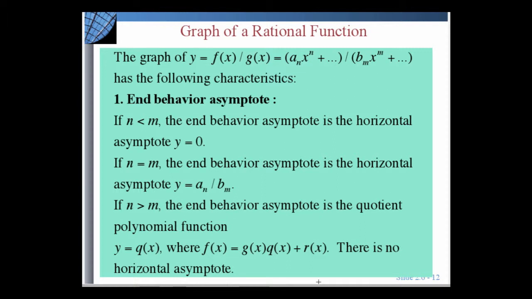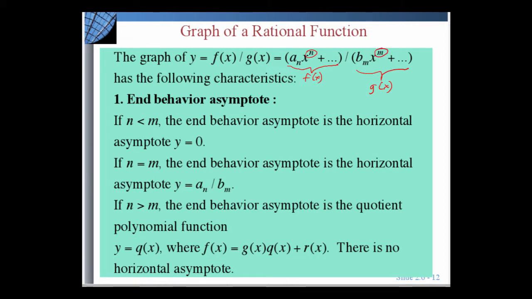So here are some generalities for the graph of a rational function. The graph of y equals f of x over g of x, where here is f in general and here is g in general. By the notation, the power of f we're going to refer to as n, and the power of g we're going to refer to as m.